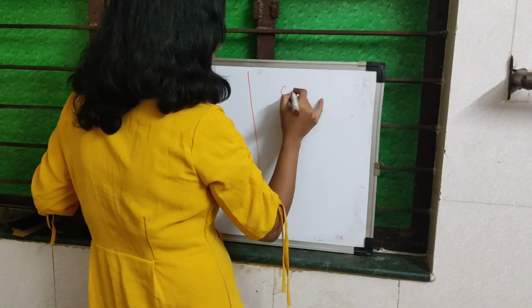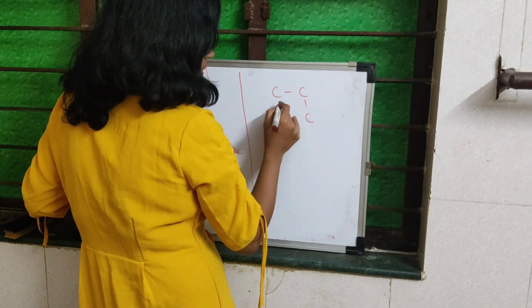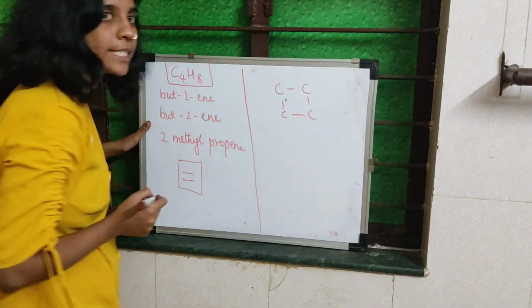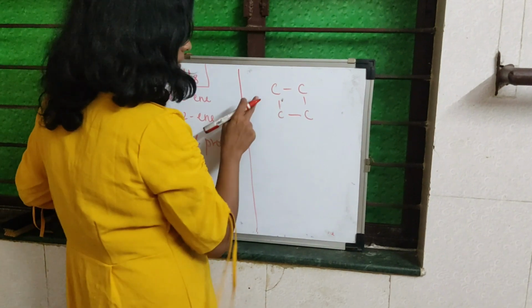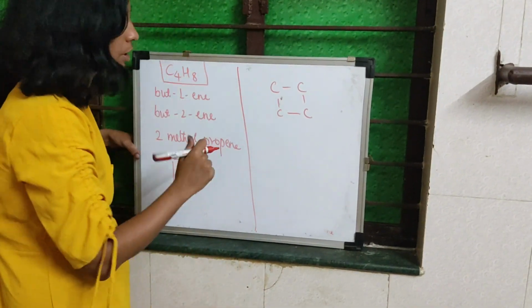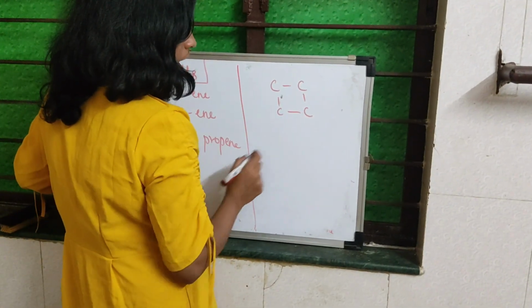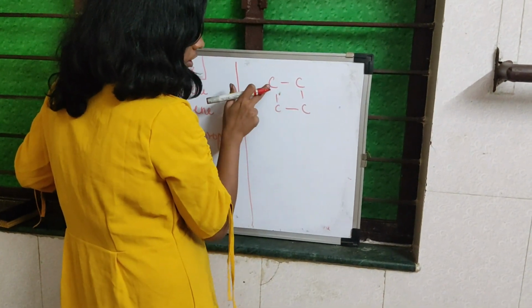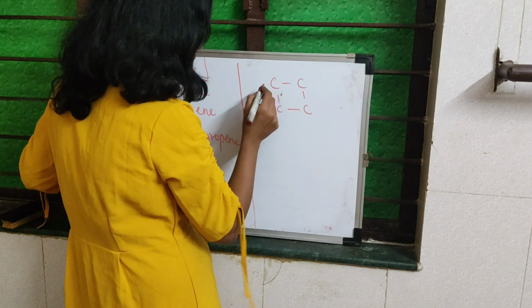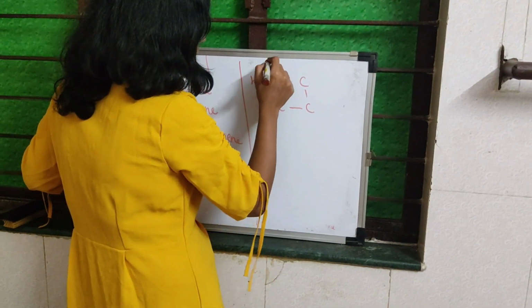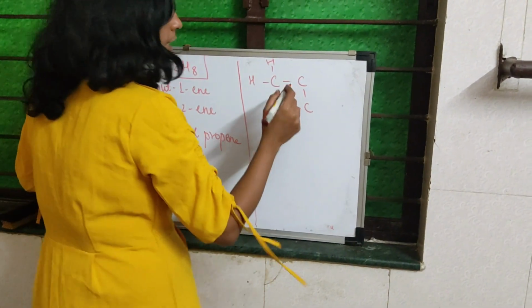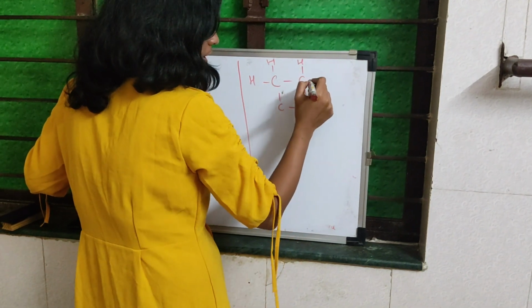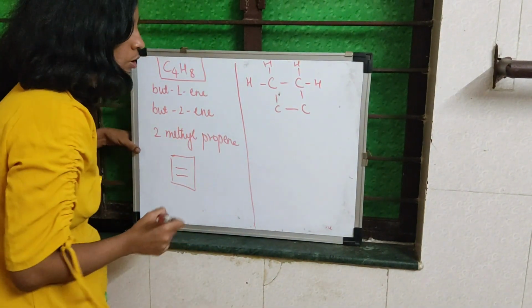So I can arrange the 4 carbons in a cyclic manner. Okay, similar to propane. Now here each carbon, let us see how many valencies have to be fulfilled. This carbon, 2 bonds are already there, so now it will have 1 and 2. Again this carbon, 1 and 2.